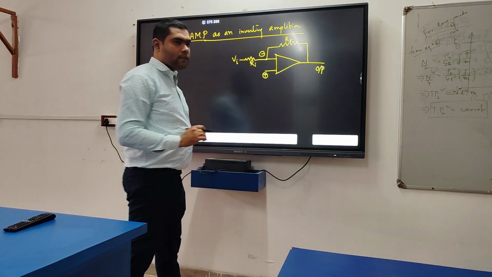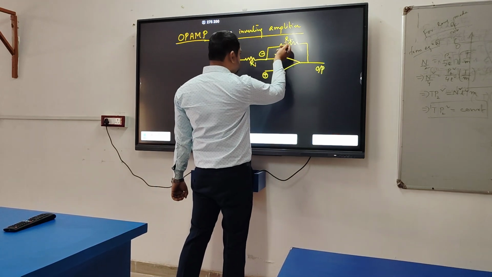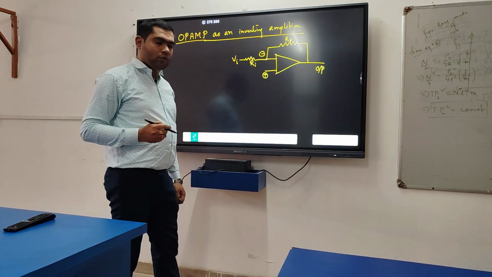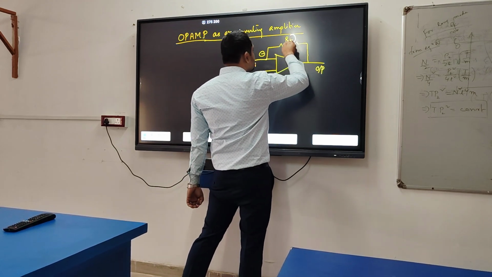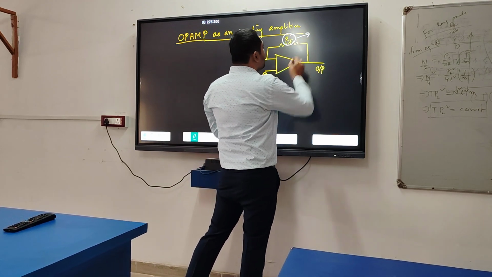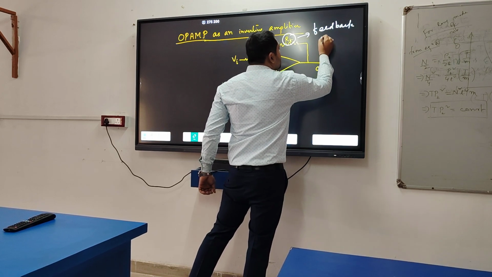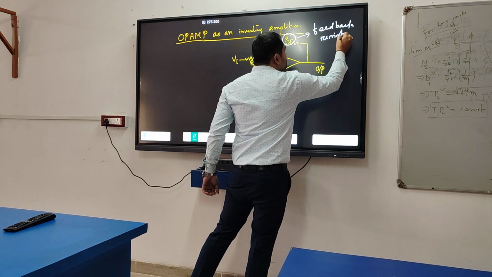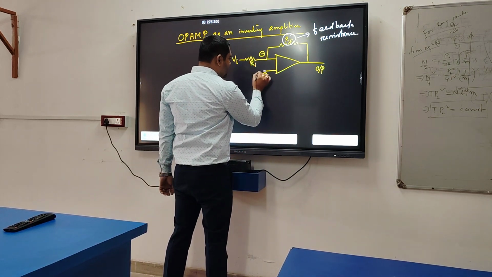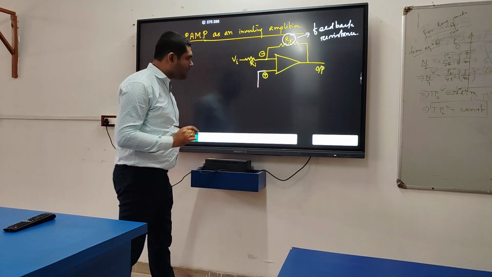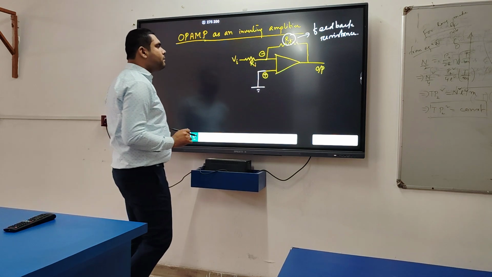The feedback is such that some part of the output is fed back into the input through some resistance RF. So this is the feedback resistance. And the non-inverting terminal, the positive terminal, is grounded. It's a complete diagram of the OPAMP.